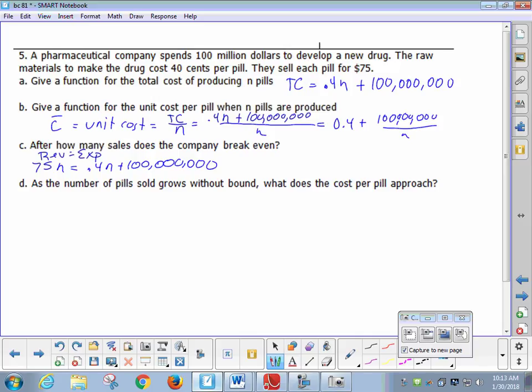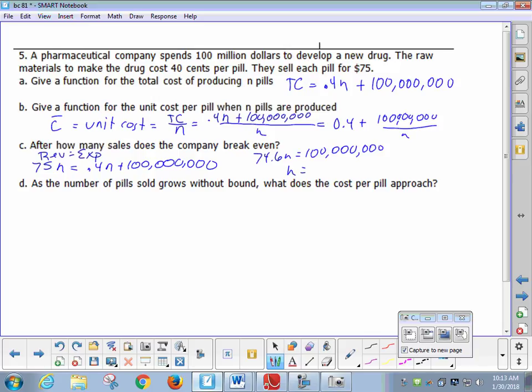Okay, so if we solve this, that would mean something like 74.6 n equals 100 million. What does 74.6 represent? That's the net per pill. You're making 75, you're paying 40 cents, so you're making a net of $74.60 per pill.